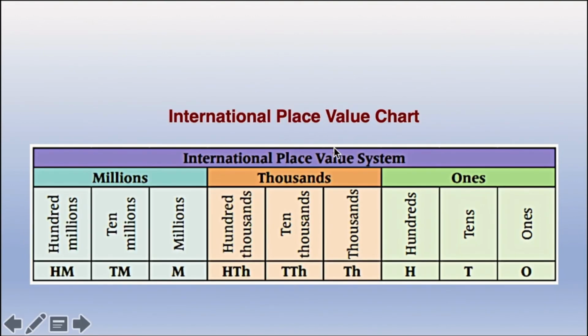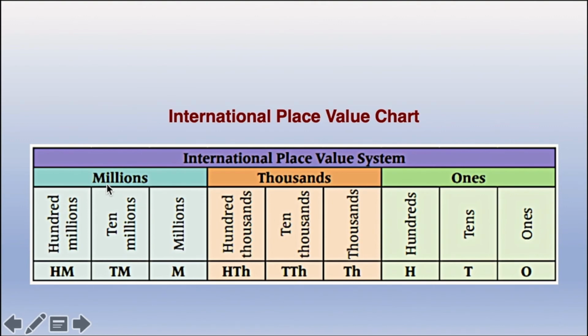This is the chart for the international place value system. So over here also we have the first three places of ones, tens and hundreds belonging to the ones period. Now over here in the thousands period we have three places of thousands, 10,000s and 100,000s. So this place is not present in the Indian place value chart.